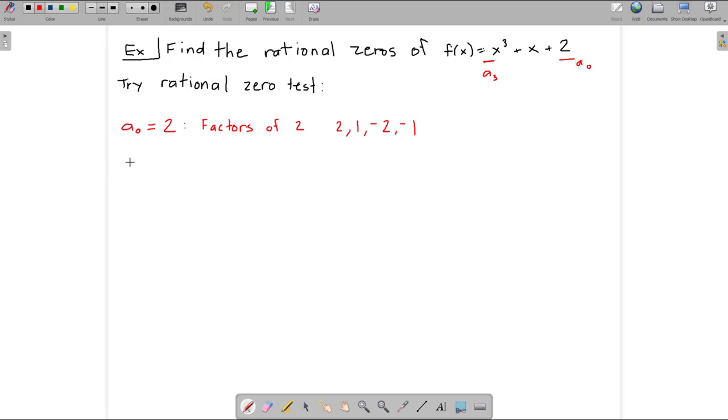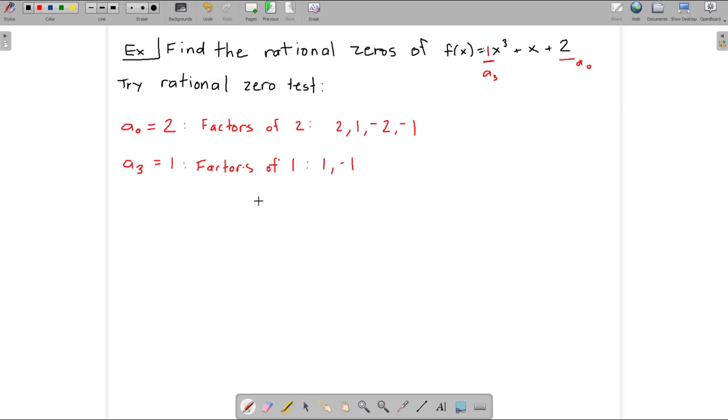And let's do the same thing for our a sub n, which is a sub 3 here. Well, my leading coefficient here is just 1. So that makes it pretty easy for us. Well, factors of 1, all you have is 1 or negative 1, essentially, right?